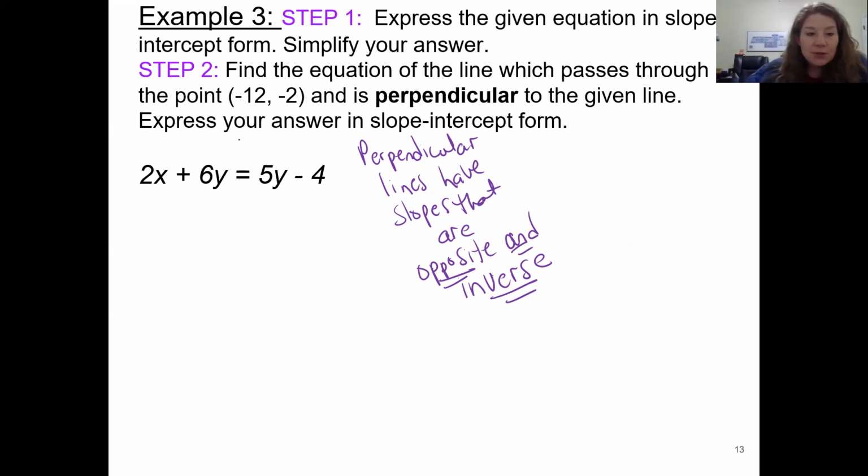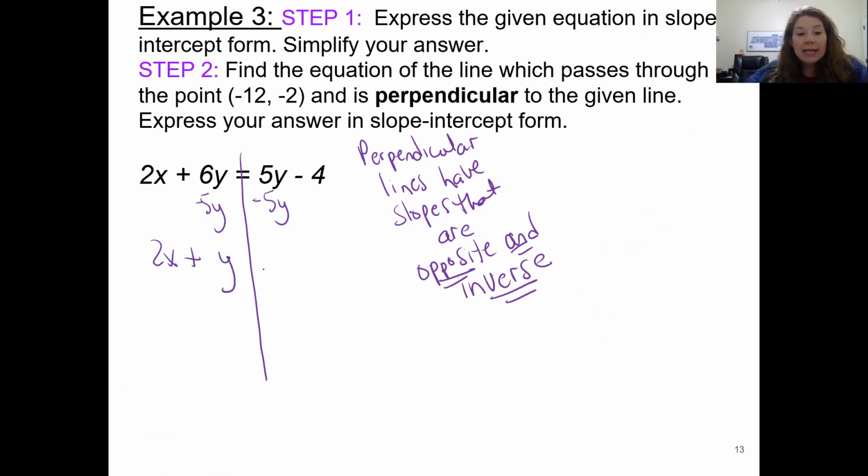We're going to write this in slope-intercept form. So we've got to get our y's on the left side. That means we're going to subtract 5y from both sides. We've got to get our y's together. So we bring down 2x plus 6y minus 5y is 1y, and 1 times y is just y, is equal to -4.